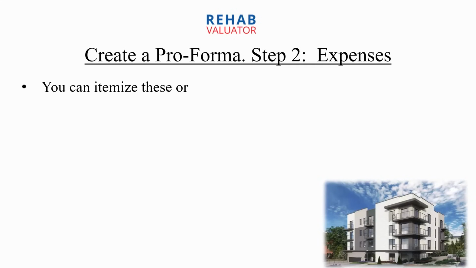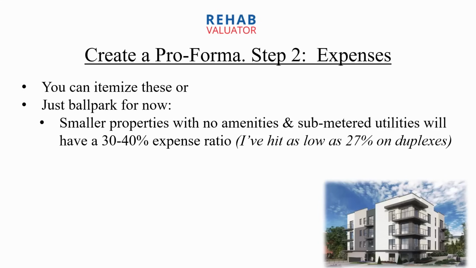So you can itemize these, and I'll show you in a few minutes exactly how to do that very easily. But in the initial analysis, I typically just ballpark my operating expenses as a percentage of my gross income. The percentage of your operating expenses really depends on the kind of building that you're managing.